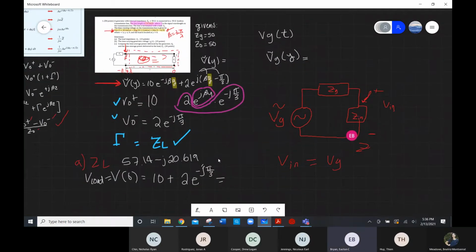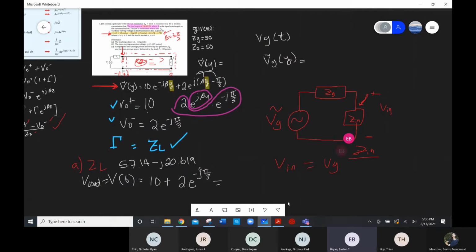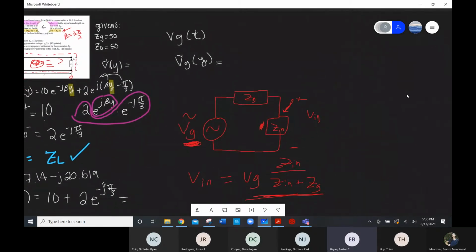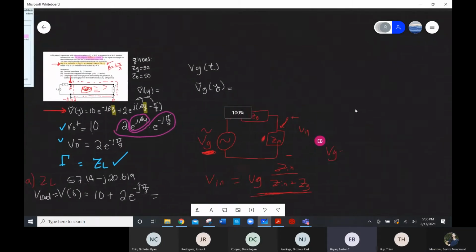If you remember circuits, this is just the equation for a voltage divider, with VG as a source and looking at the voltage across Zn. Then you simply invert this to find VG.